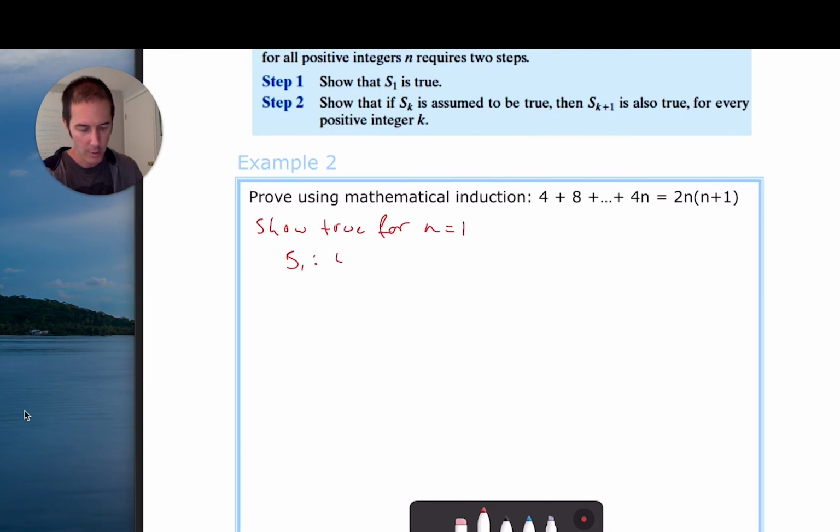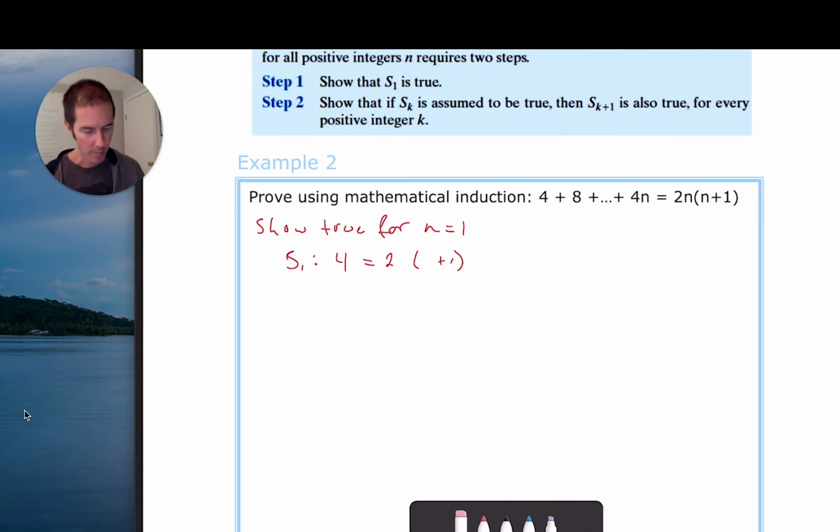It's an equation that has 1 term on the left-hand side. And the right-hand side equals the squiggles that I wrote at the top of the very first page of our notes. In this case, it's not squiggles, it's actually 2n times n plus 1. Oh wait, we know what n is.